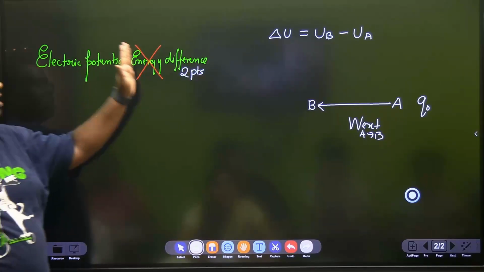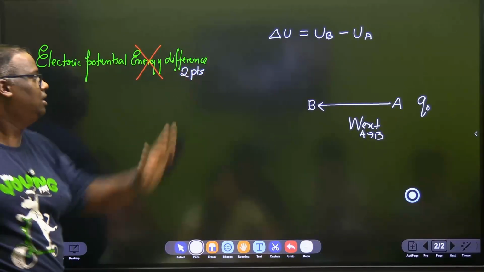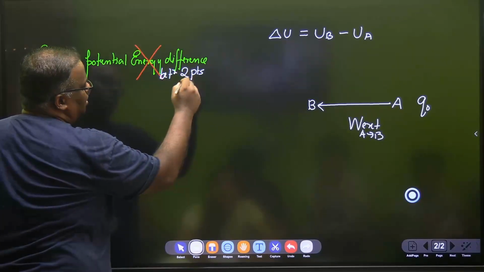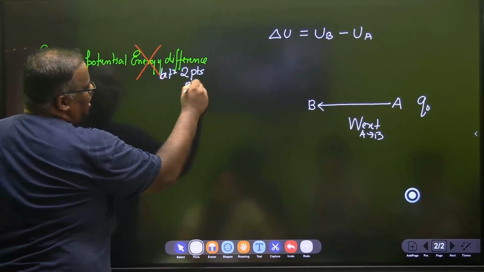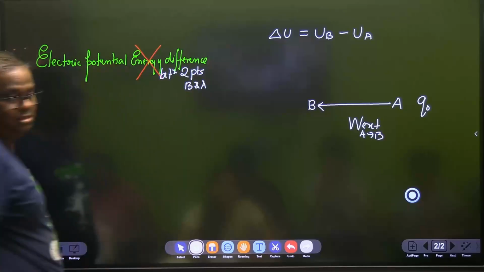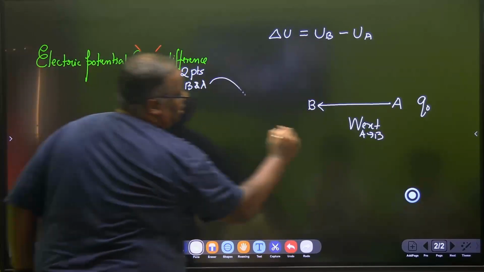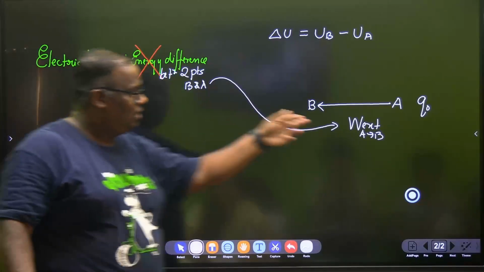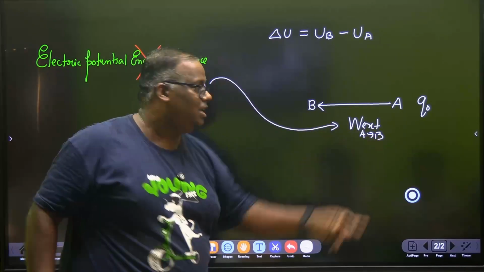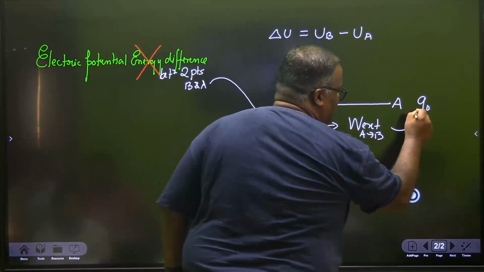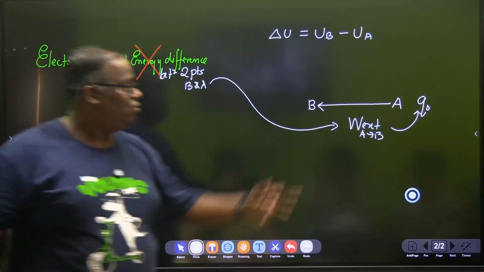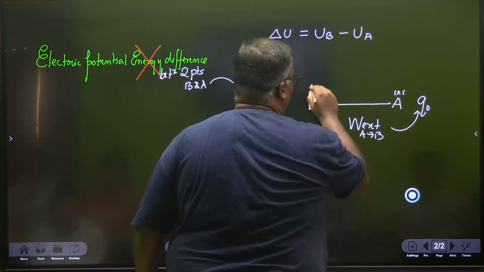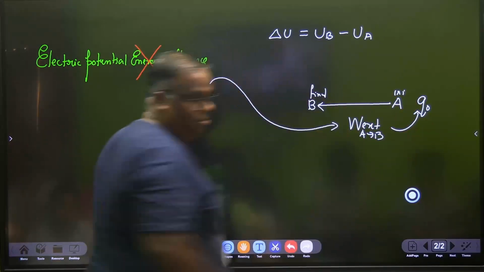Electrical potential energy difference between 2 points B and A is said to be the external work done in moving a test charge Q naught from A to B, where A is my initial, B is my final.